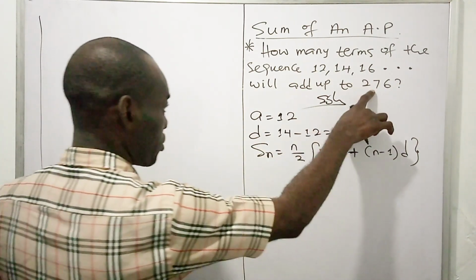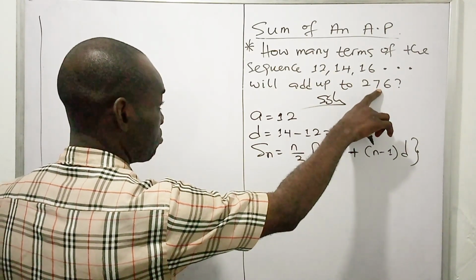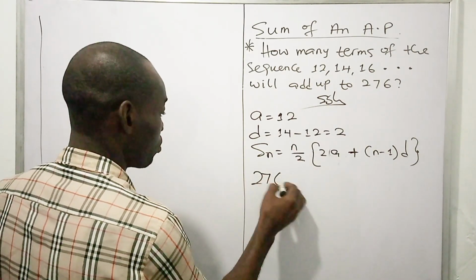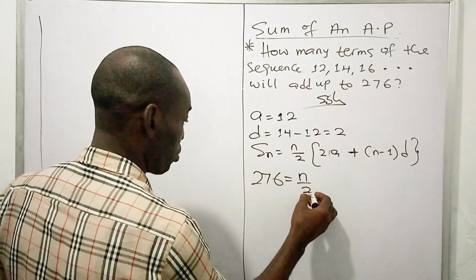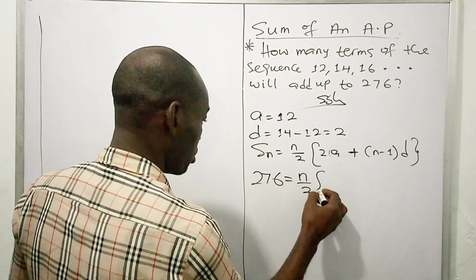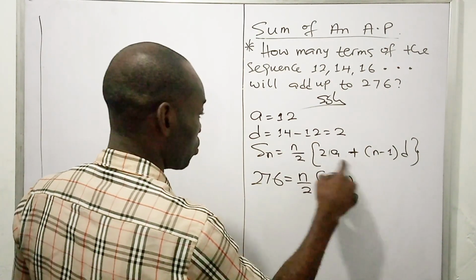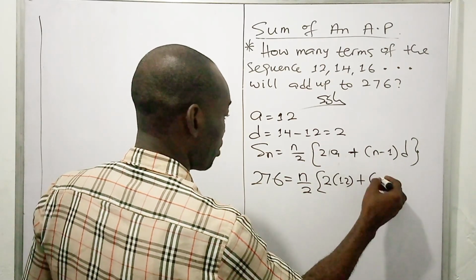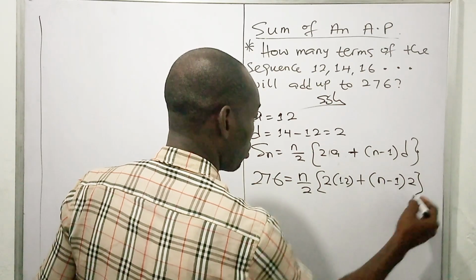All right, we replace this now. The total sum of that sequence is 276. So we have 276 equals n over 2, we don't have the value of n, that's what we're looking for. Then 2 times the first term, so substitute A with 12, plus n minus 1, we don't have the value of n, that's what we're looking for, times the common difference, which we've got as 2.